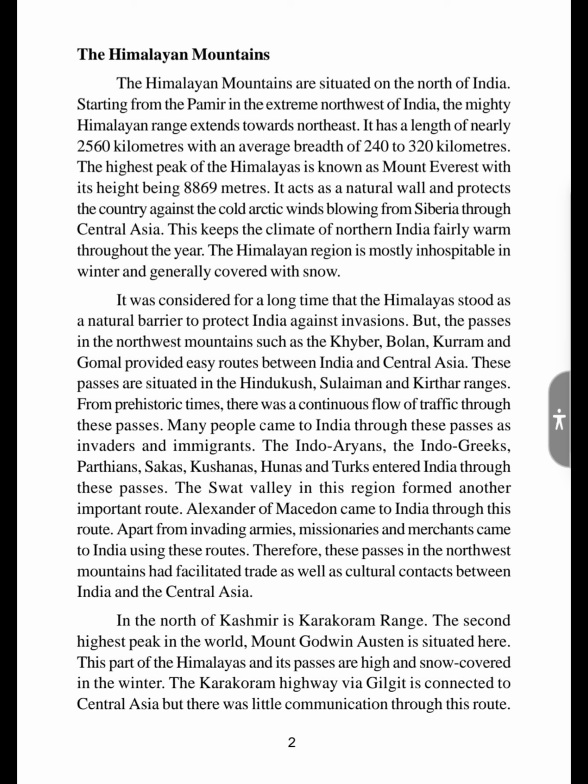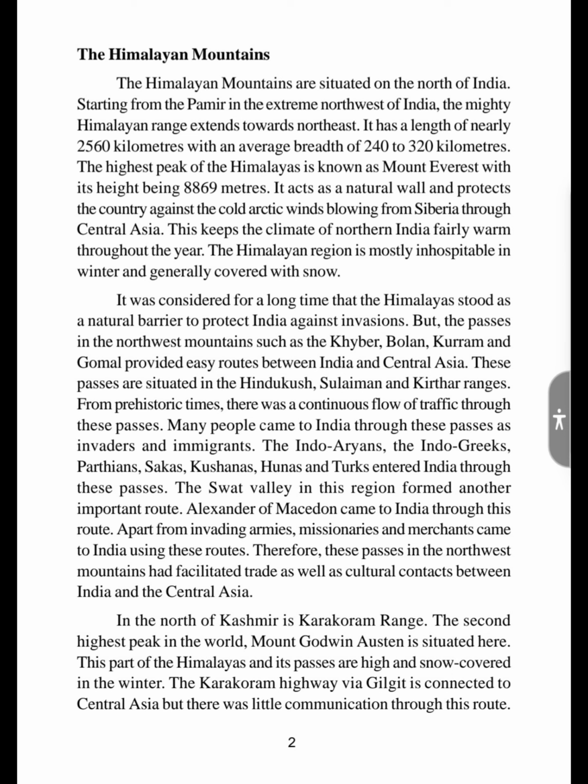It was considered for a long time that the Himalayas stood as a natural barrier to protect India against invasions, but the passes in the northwest mountains, such as the Khyber, Bolan, Kurram, and Gomal, provided easy routes between India and Central Asia. These passes are situated in the Hindu Kush, Suleiman, and Kirthar ranges.